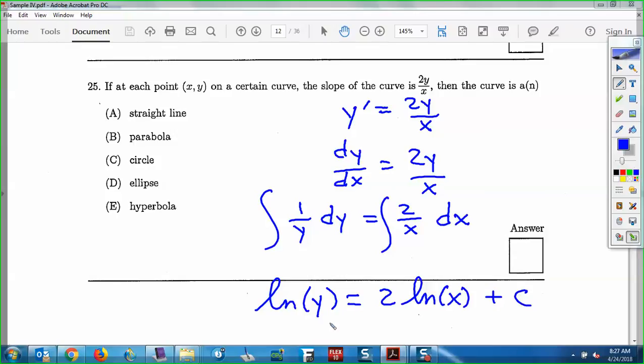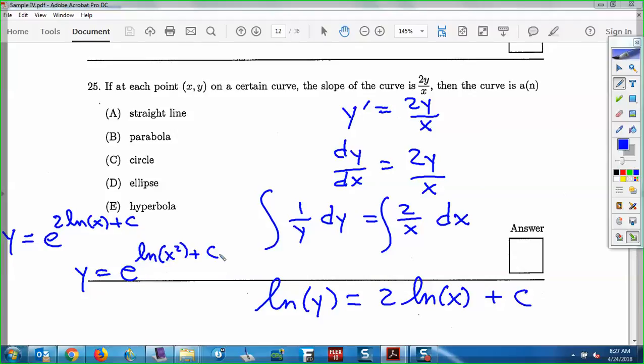And then what do we do? e raised to all of this, so e raised to the 2 ln x plus c equals y. You have enough information to answer it yet? I would put this 2 inside of there. This would be y equals e raised to the ln x squared plus c.